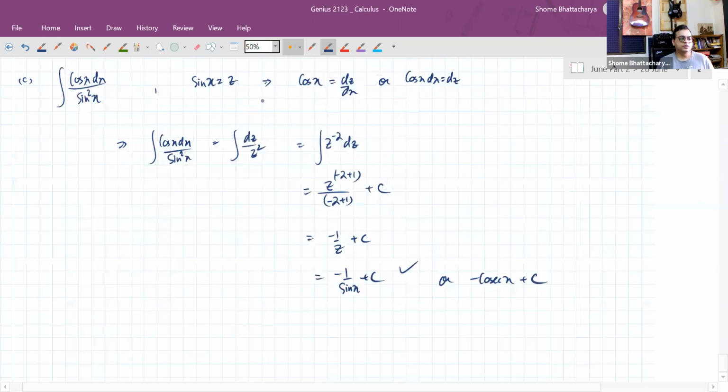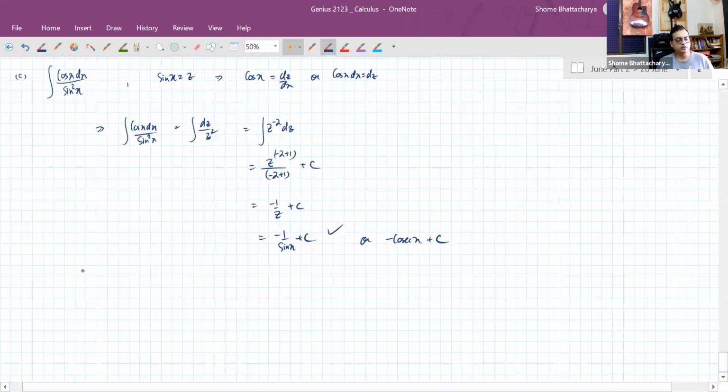Now you can see that some of the standard trigonometric formulas can be proved by using this. For example, you have the integration of tan x. You can write that as sin x by cos x, and you can see that put cos x as z, then minus sin x is dz by dx.